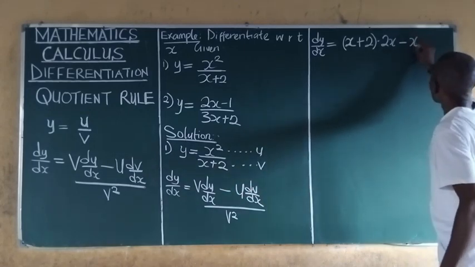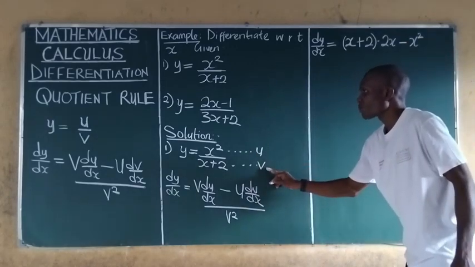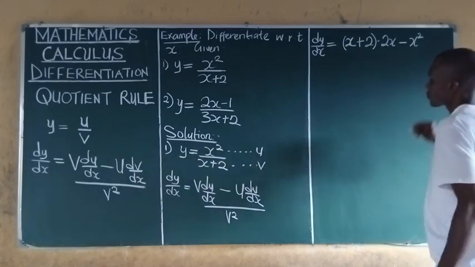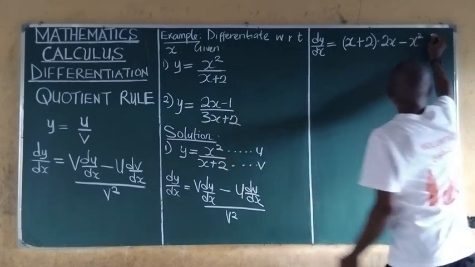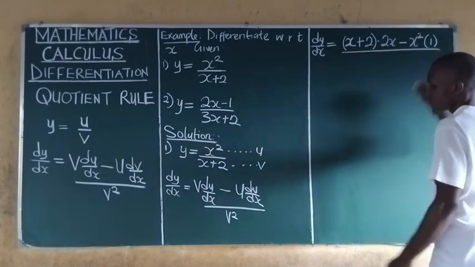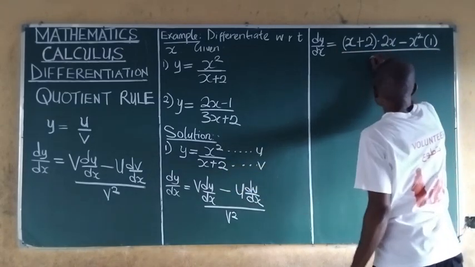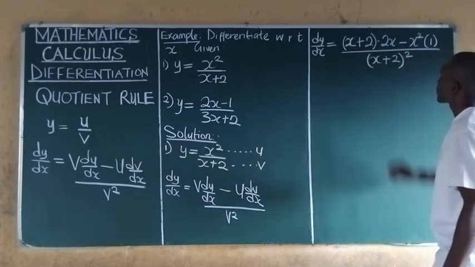We bring down u, x squared, and differentiate this function. If we differentiate this function, we get just 1, all over v squared, x plus 2 all squared.